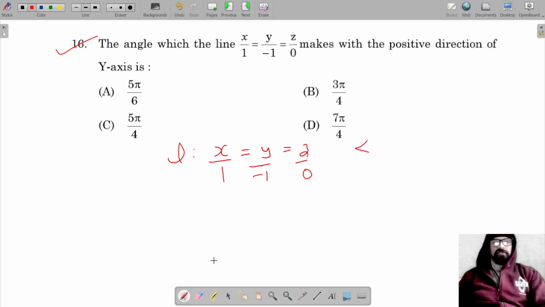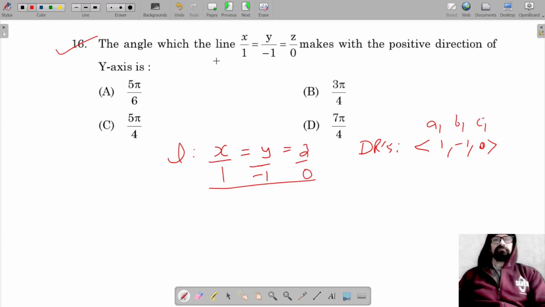And the direction ratios of this line are 1, -1, and 0. If we compare this with the standard Cartesian equation of the line, these are A1, B1, and C1. These are the direction ratios of this line.